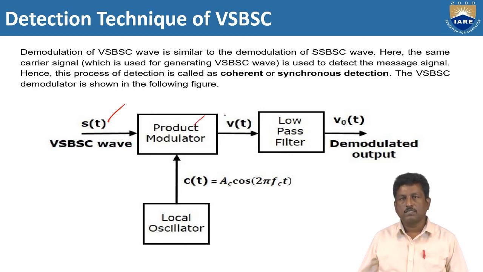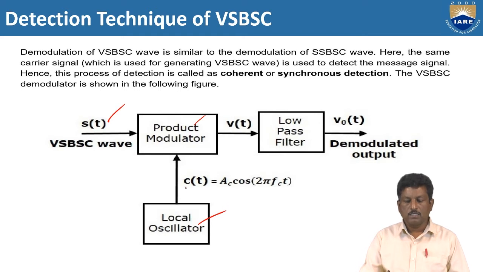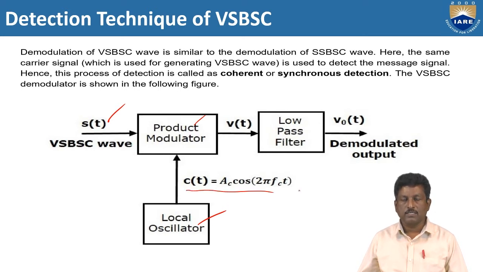Because we are suppressing the carrier signal, one input is the received VSB modulated wave S of t, and for retrieving the original signal M of t, locally we have to arrange a local oscillator which generates the carrier signal C of t equals Ac cos 2 pi fct.